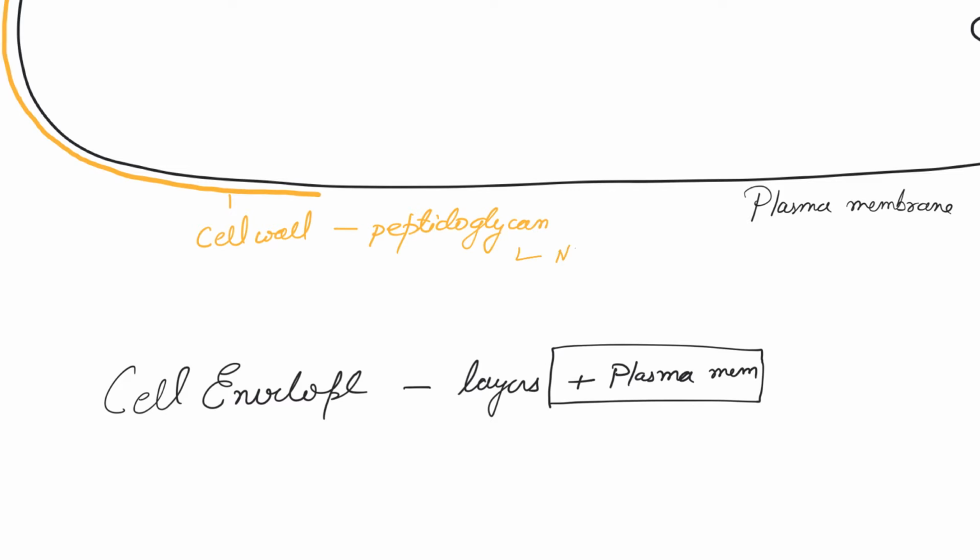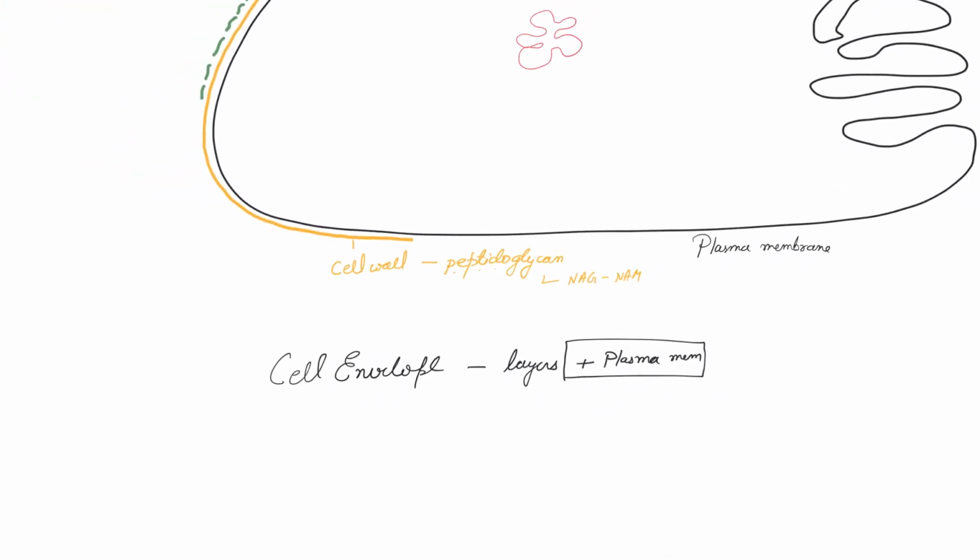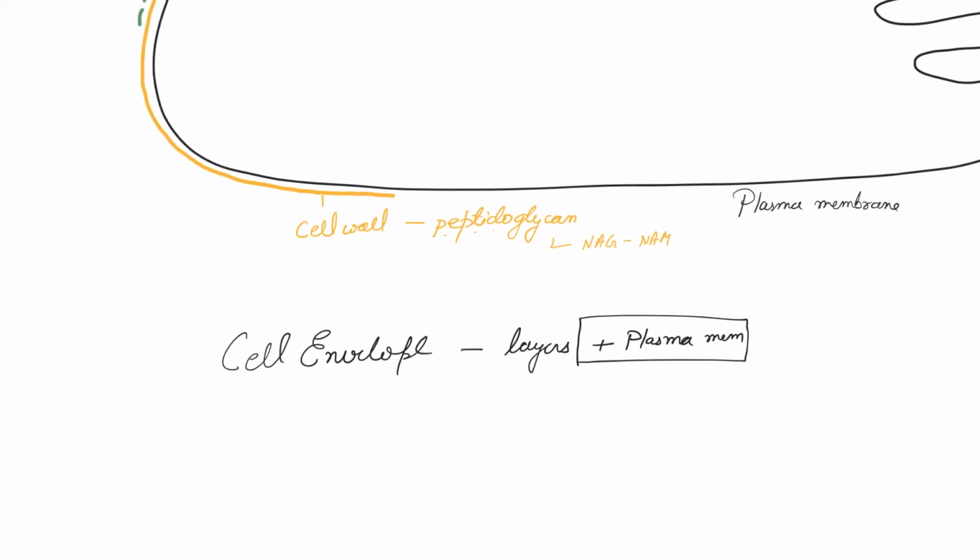Each is made of units called NAG and NAM, and there are peptides linking several things in between. Now, based on the arrangement of cell wall and membranes, the bacteria can be gram positive and gram negative. We'll talk about that in another video.